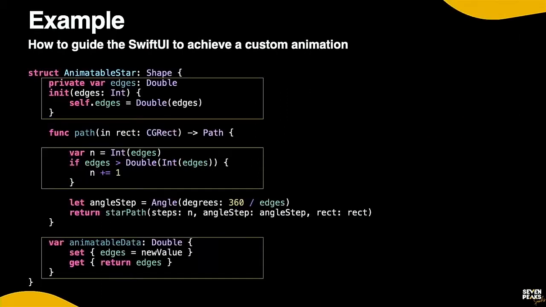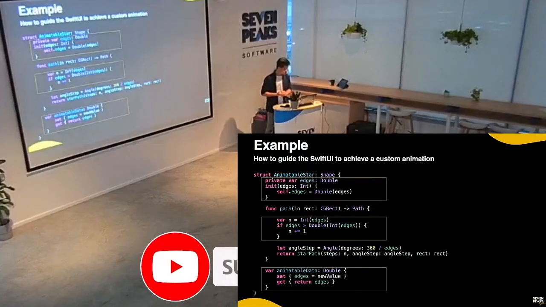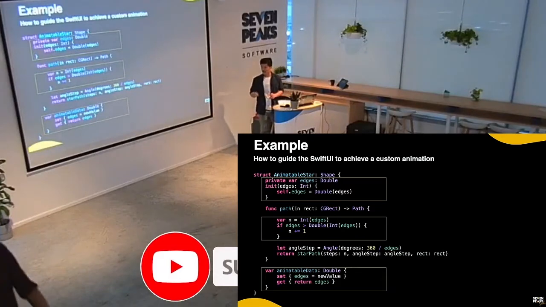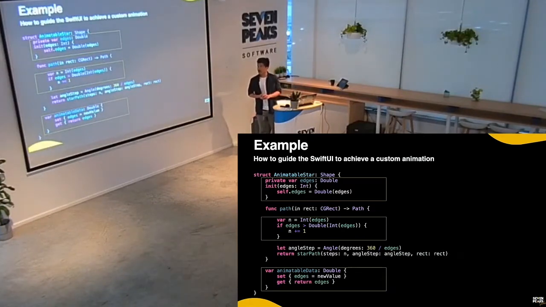So we make some small adjustments to our star shape. First, we need to change the edge to be a double or CGFloat. Of course, the init function will receive the integer value because the number of edges cannot be a floating number. So we define the animatable data depending on the number of edges. Now it naturally supports animation because double conforms to VectorArithmetic, as you know from before. And in the drawing path function, we adjust depending on the number of edges.